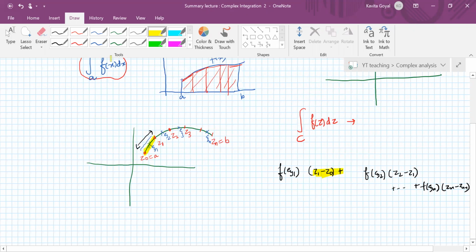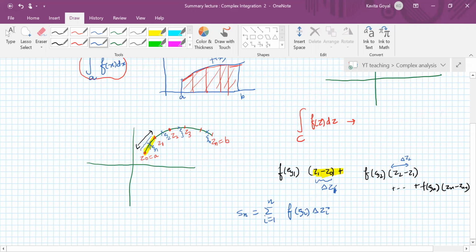Now we call each difference delta zi. This is delta z1, this is delta z2, and so on. So the sum is f of zeta i delta zi, i from 1 to n. You call this sum Sn, right? So what we are doing here is playing along the curve. We are taking care of the curve also, and on that curve you are taking the value of the function.